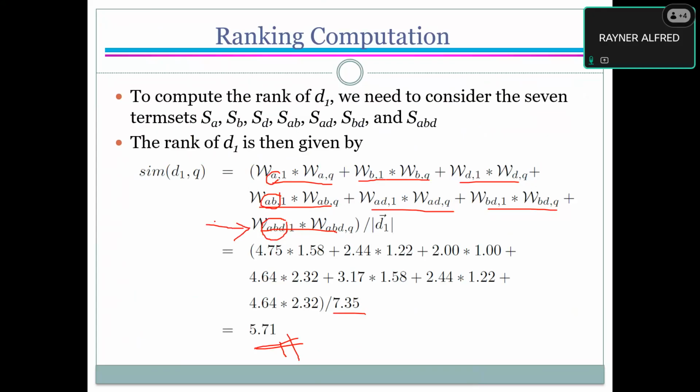Because we say that this is a frequent term set, if the n minus 1, this is 3, so the 3 term set is frequent. That means the 2 term set and 1 term set are also frequent. So what they want to do now is to simplify the calculation by not including the A and AB.